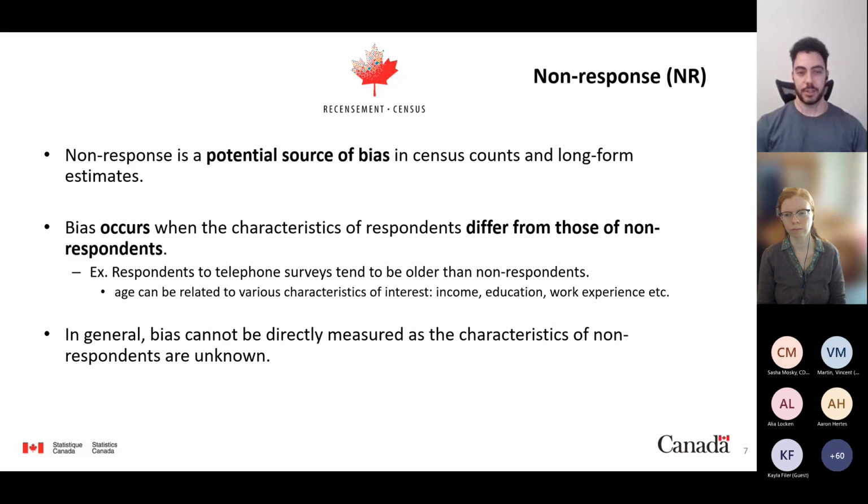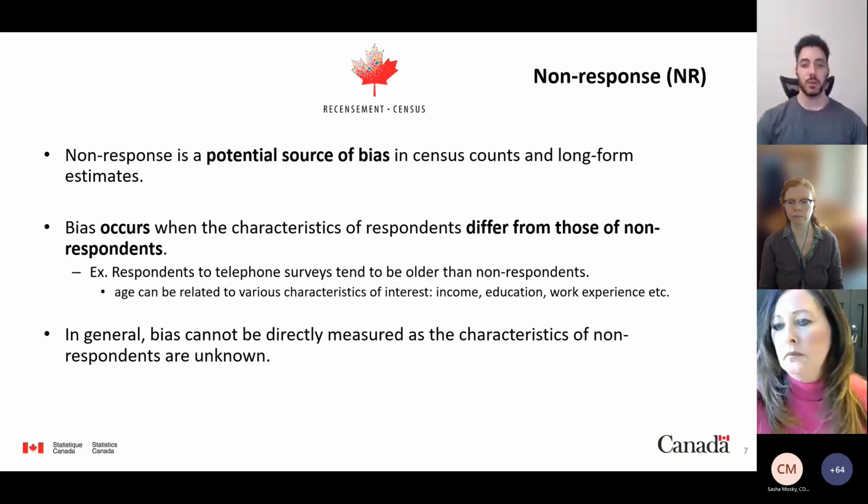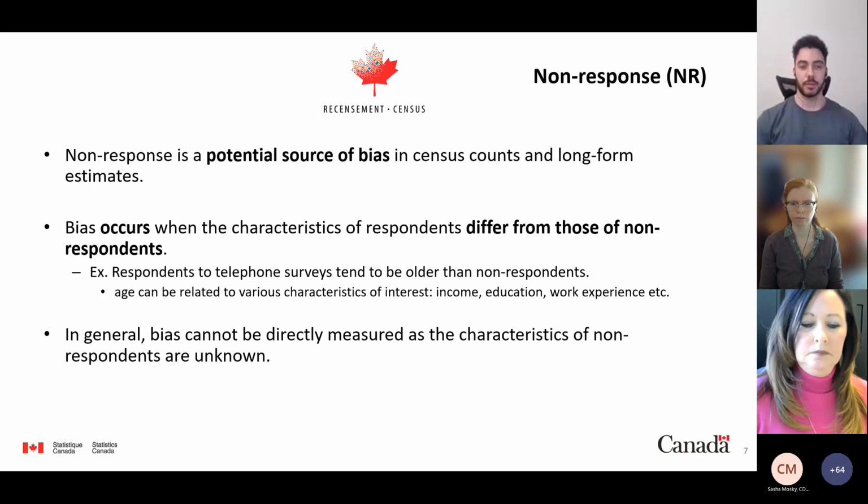Just to illustrate this, if we think about telephone surveys, generally respondents to telephone surveys tend to be older than non-respondents. And further, age can be related to various characteristics like income, education, work experience, etc. So we can see there's a potential issue that could arise here in this context due to non-response.